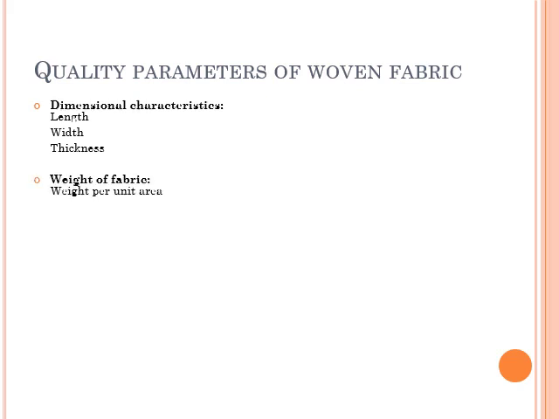Then the thickness of the fabric. All calculations of chemicals are done on the weight of the fabric, that's why weight per unit area of the fabric is more important. On that basis, the weight per unit length of the fabric is also important. Then fabric strength and extensibility, that is tensile strength, because in pre-treatment many times some strength losses take place.